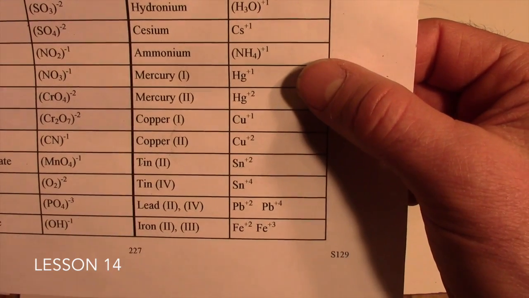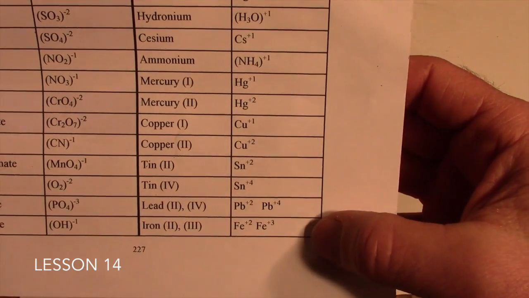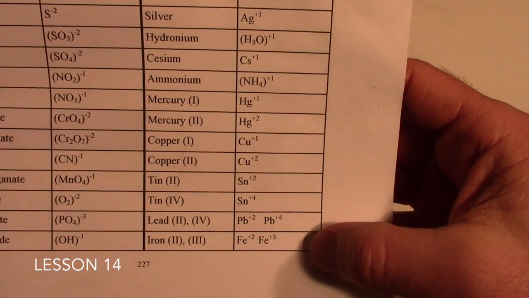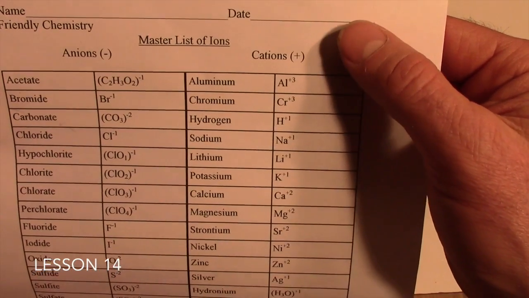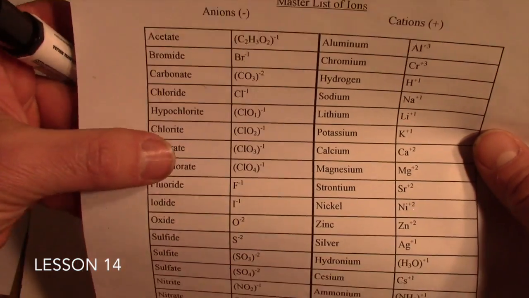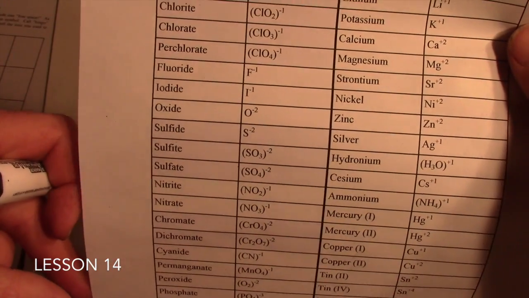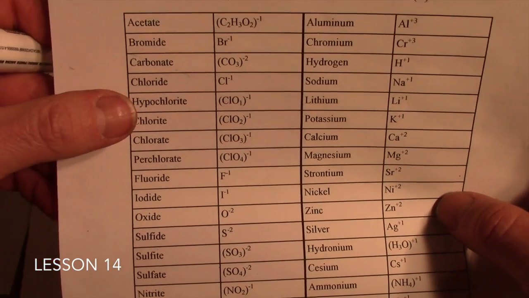Mercury 1 is +1, Mercury 2 is a +2, and so forth on down the list. So this is your set of cations that we're going to use for the rest of the course, and then we have your list of anions on this side with the ites and the ates and the pers and the hypos and so forth.